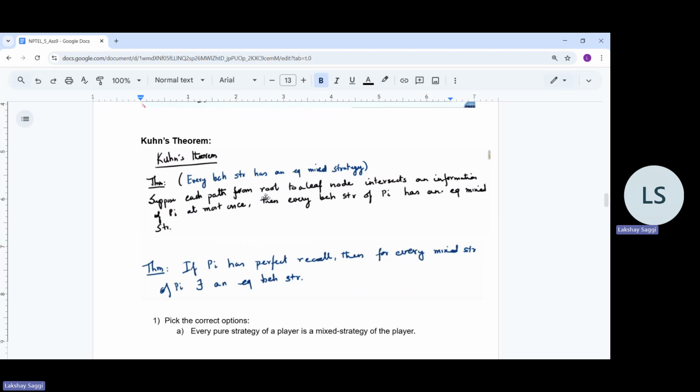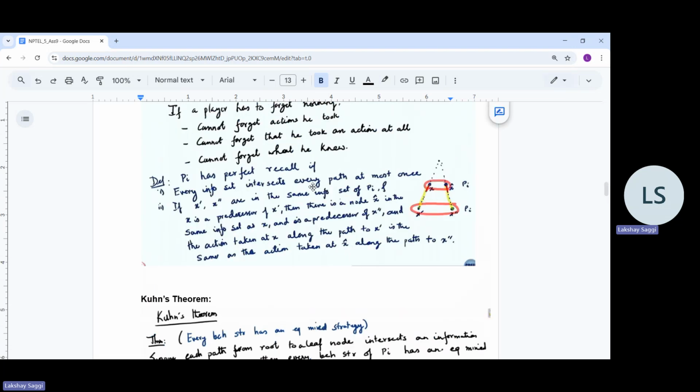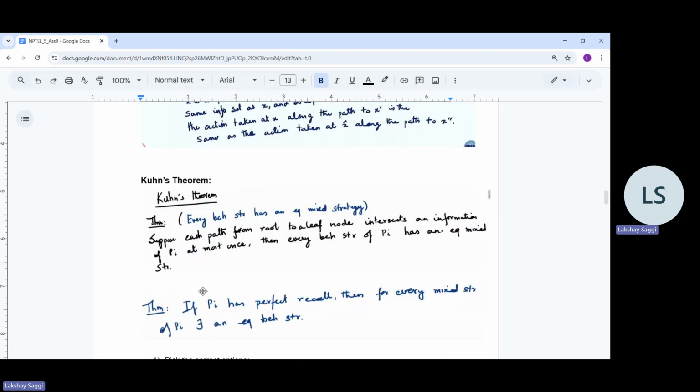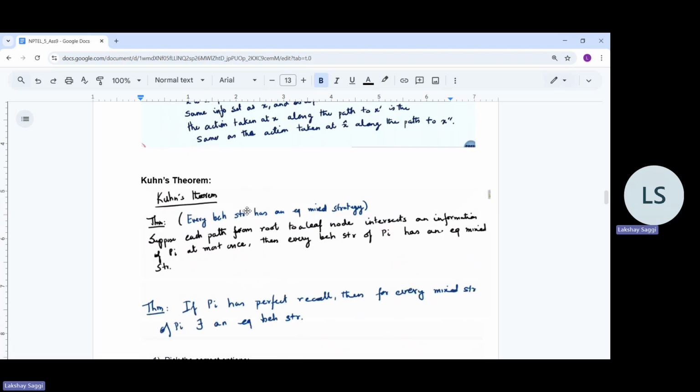The first part says that every behavioral strategy has an equivalent mixed strategy, and for this the assumptions are a bit relaxed. But for the second part, both of these should be followed.